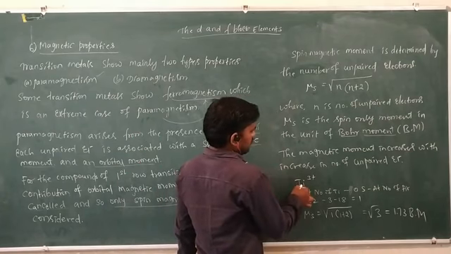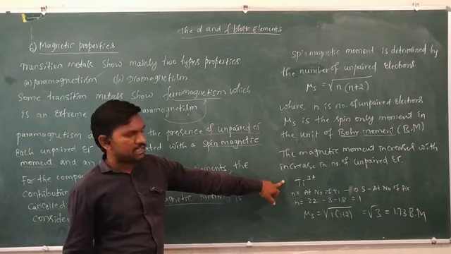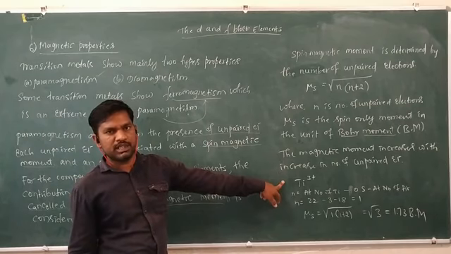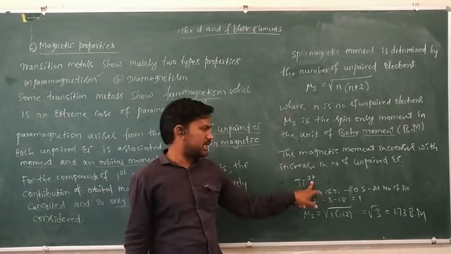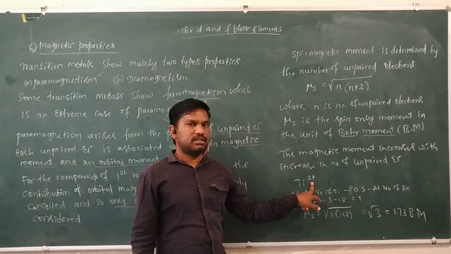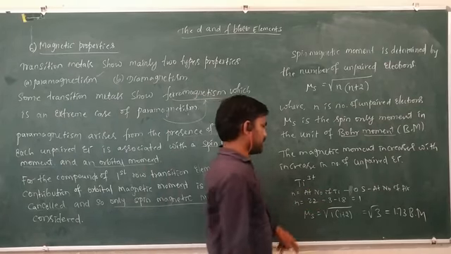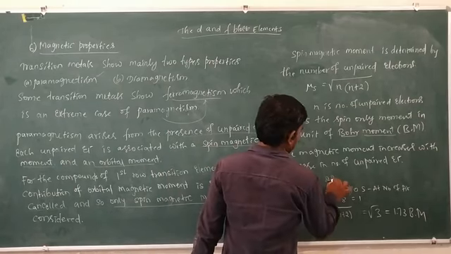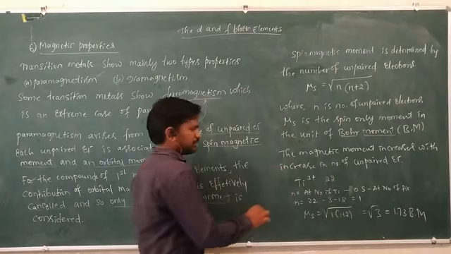For example, titanium: calculate the spin only magnetic moment for titanium 3 plus. Here the oxidation state is given as 3 plus. What is the atomic number of titanium? 22.